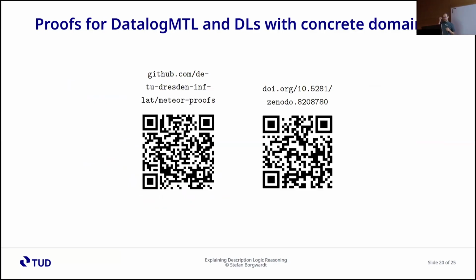And then these are just two last QR codes if you want to scan them, but you can also look them up in the papers, of course. So there's a thing about Datalog MTL and the concrete domain part. We don't have nice screenshots of those because it's basically just the reasoning components right now, but we are also working on integrating this into Protégé in the future.